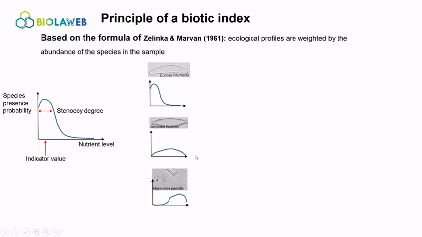So this species won't be very indicative, and you will give it a low weight in the calculation. And Mayamaea permitis is an indicator of bad water quality. Usually you can find it downstream of wastewater treatment plants. So you counted and found 90% of the first species, 8% of this one, and 2% of this one.